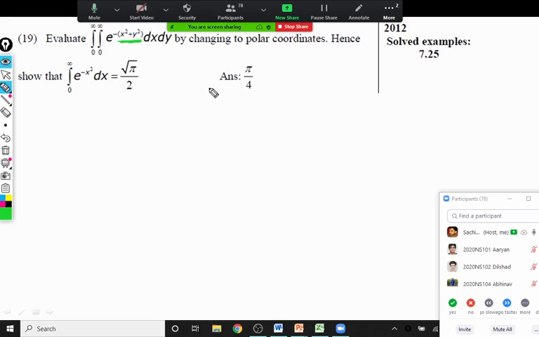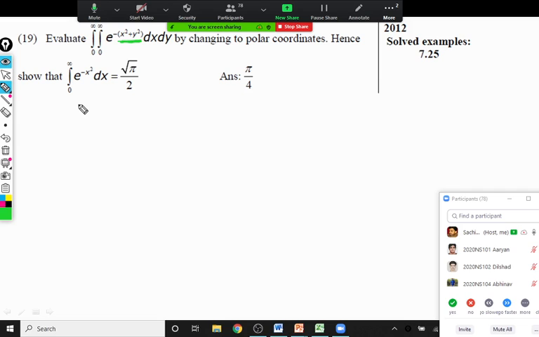So before that, I will ask, tell me what are the boundaries of the region of integration from the limits?